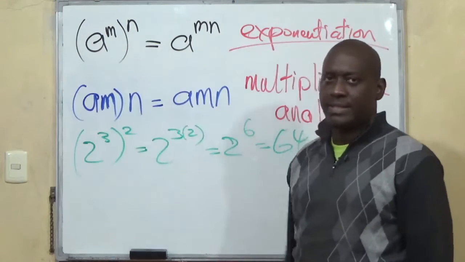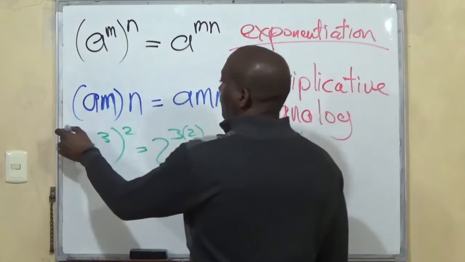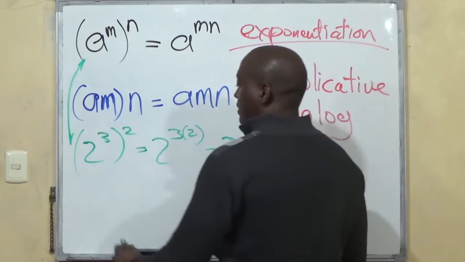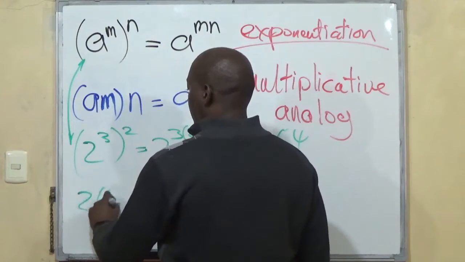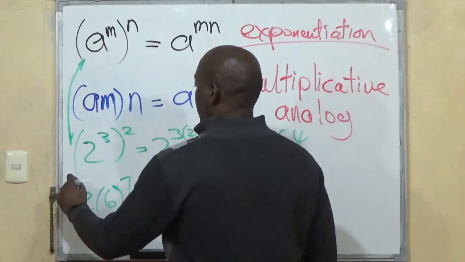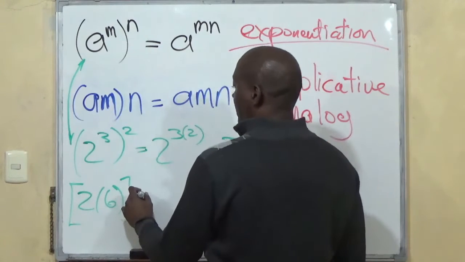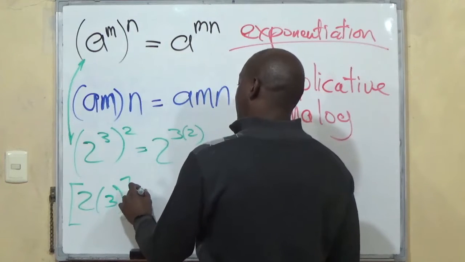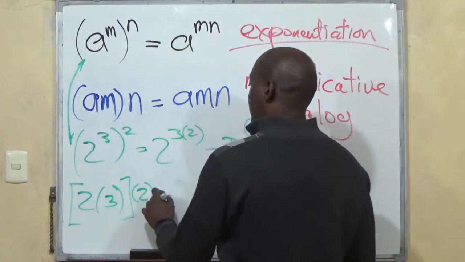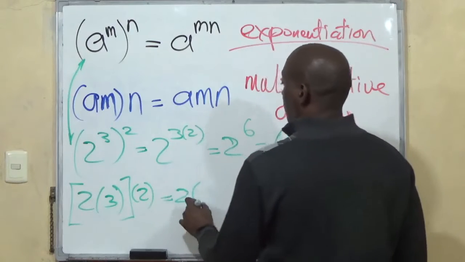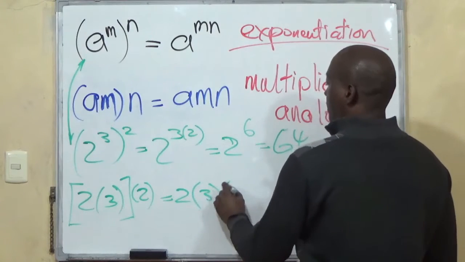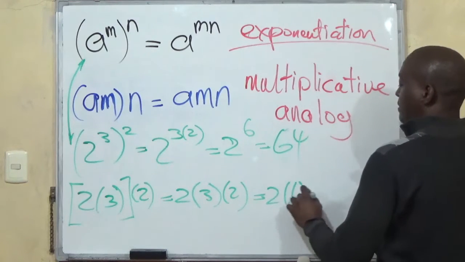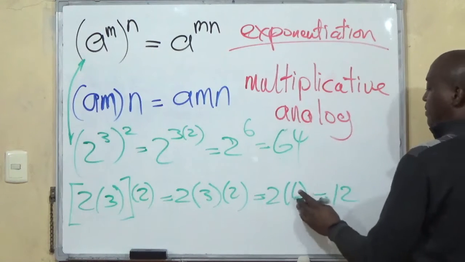That's this guy here. Right? If I do this now, multiplication, 2 by 6, and then we multiply by, sorry, not 2 by 6, 2 by 3, and then we multiply by 2 on the outside here, that will be 2 by 3 by 2, which is equal to 2 by 6, and 2 by 6 is 12.